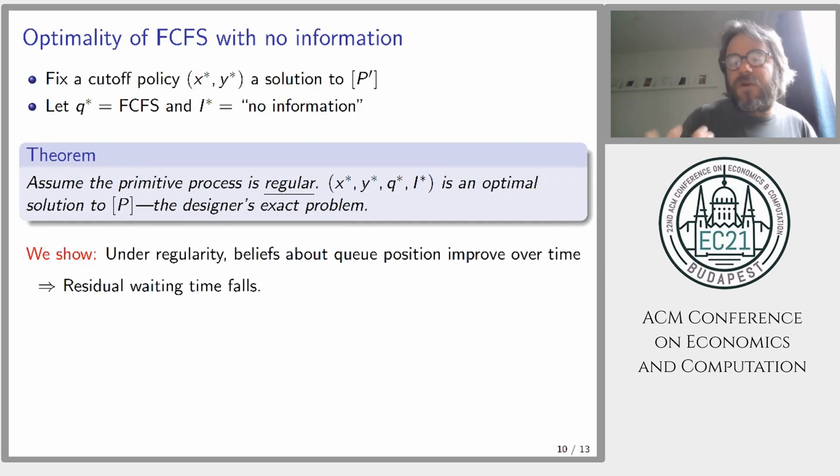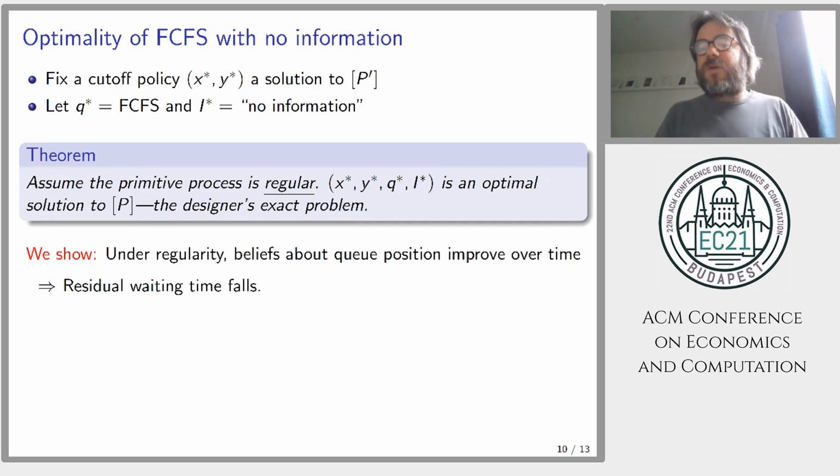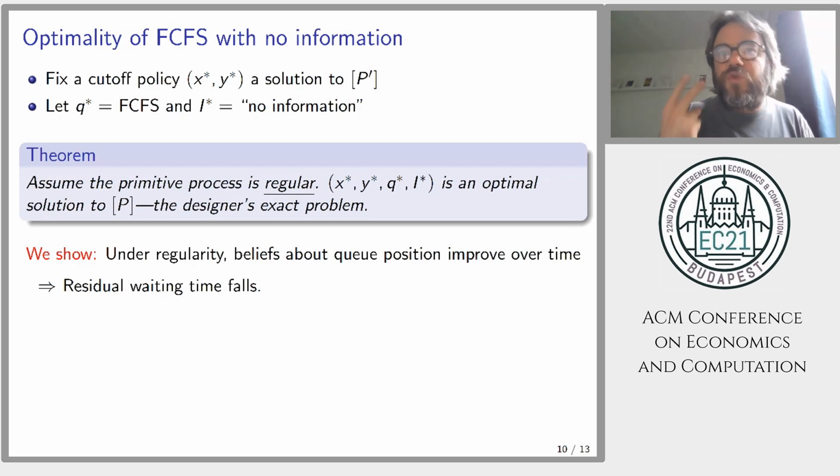What we show is that under regularity, the beliefs about queue position indeed improve over time in the first come, first served, and then the residual waiting time is actually decreasing as time passes. This is non-trivial because under first come, first served, you have two countervailing forces when time passes.